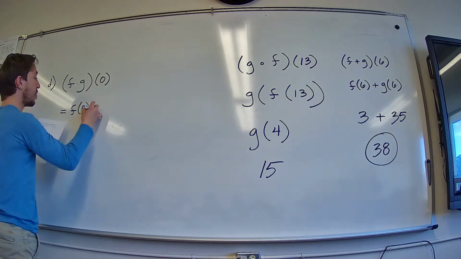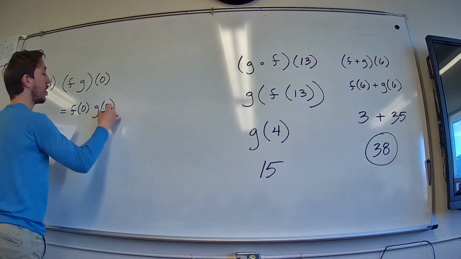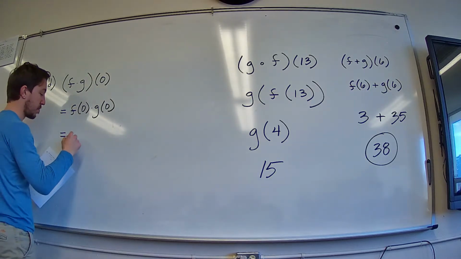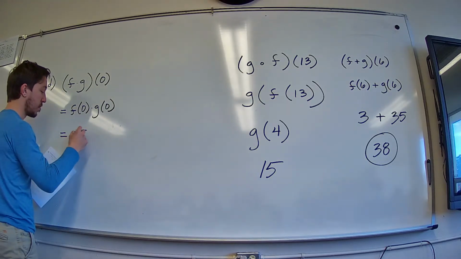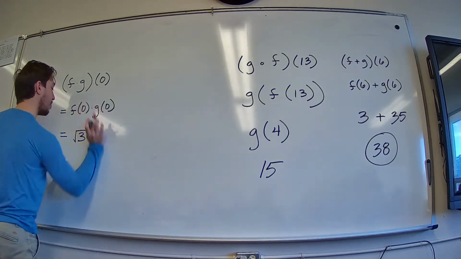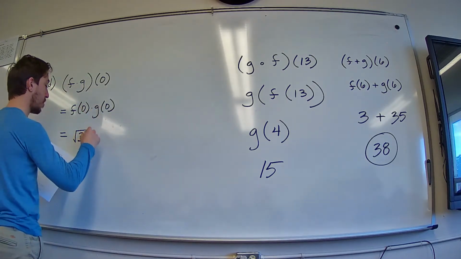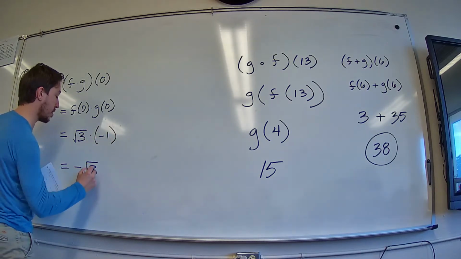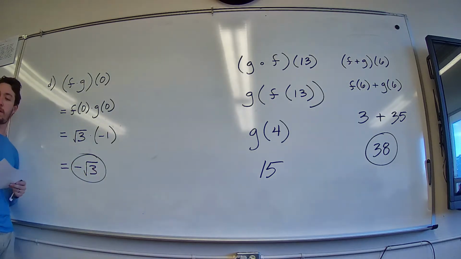So that's f of 0 times g of 0. What's f of 0? Square root of 3. Oh, sorry, it's multiplication, not addition. And what's g of 0? -1. So the answer to this one is negative root 3.